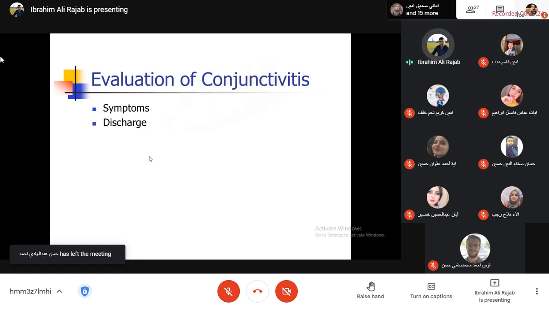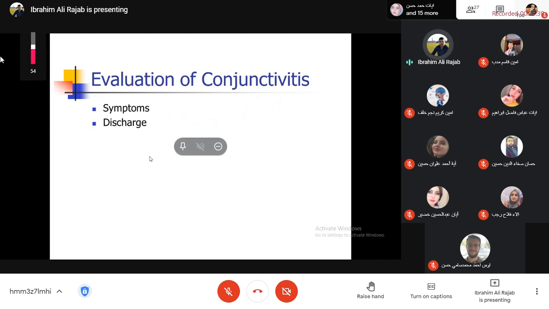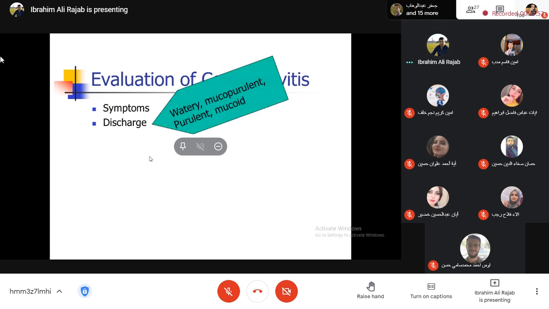For example, if the patient has red eye and watery discharge, and has itching, we may think that this patient has allergic conjunctivitis. Why? Because itching is the hallmark of allergic conjunctivitis, and watery discharge is also caused by allergic conjunctivitis. So we may reach the diagnosis just by asking about the symptoms and the type of the discharge.